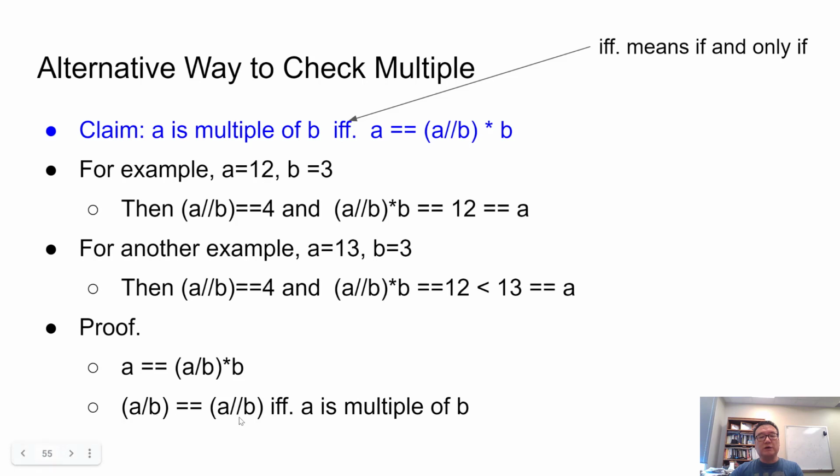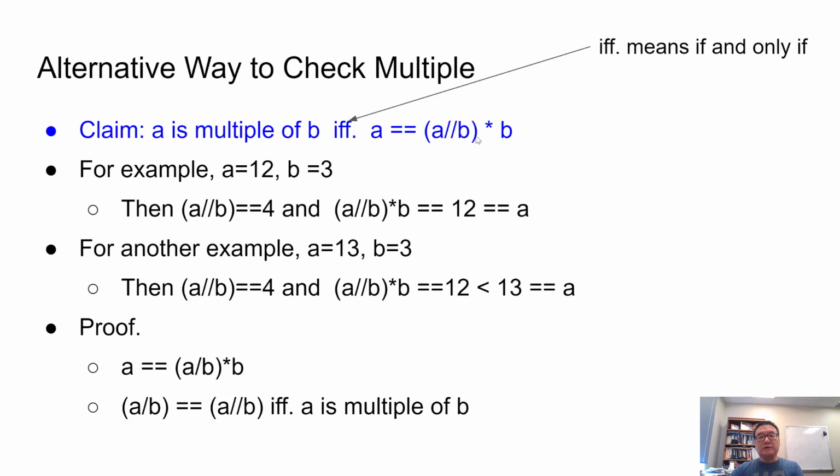So they are equal only when A divided by B is an integer. In other words, A is a multiple of B. So given this, we can prove that A equals that expression if and only if A is a multiple of B.